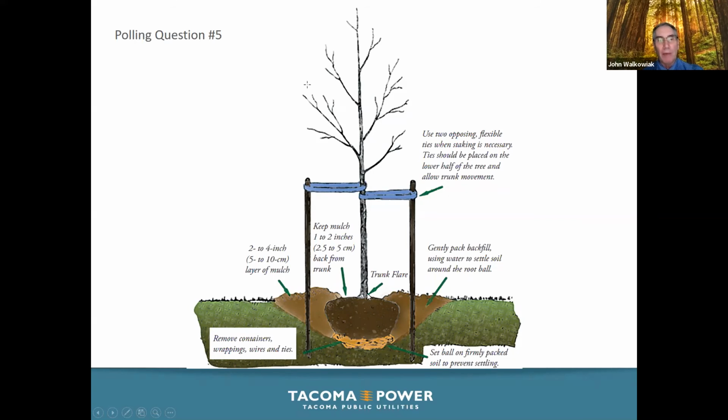You want to have that root flare where the trunk is at the base. You can see those green arrows. That's the area that has to be at the surface, and maybe even a little bit above the surface is okay. One of the biggest challenges I see people doing is they dig their holes too deep. So save yourself enough time and effort, measure the root ball depth, plant it to the appropriate depth. It's better to dig wider, but not deeper.